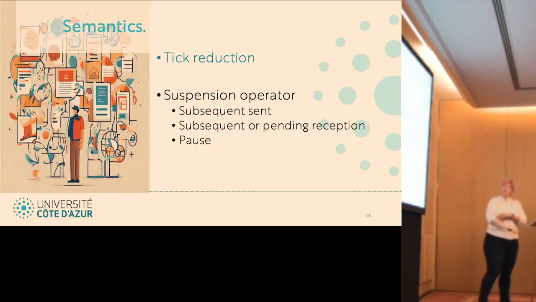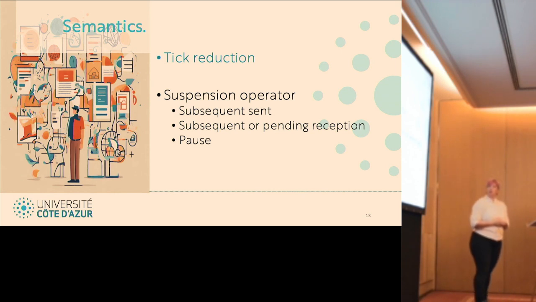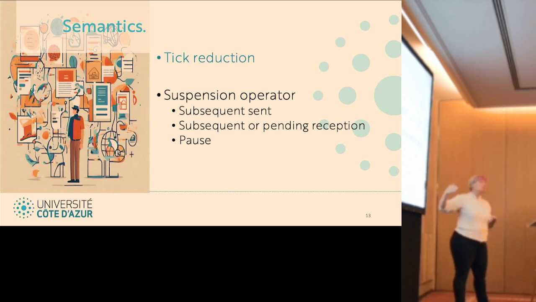So for the tick reduction, this is a bit more interesting because it's a bit more unusual to the community. The idea, as I said, is that the process reduction goes on till all of the processes are suspended, so they can't evolve anymore. What does it mean? We need to be able to identify that all of the processes are suspended, and this is the role of the suspension operator.